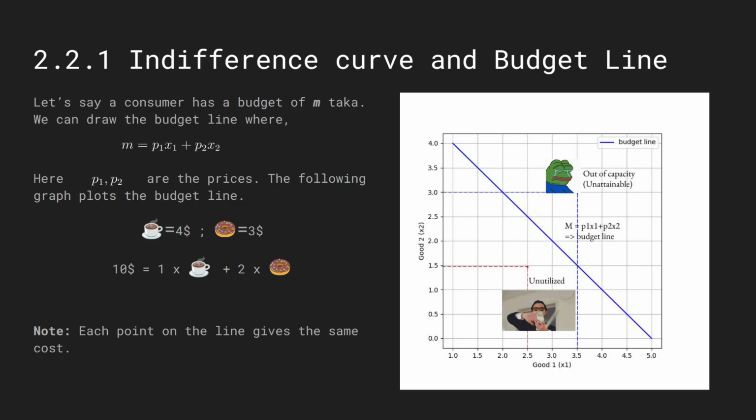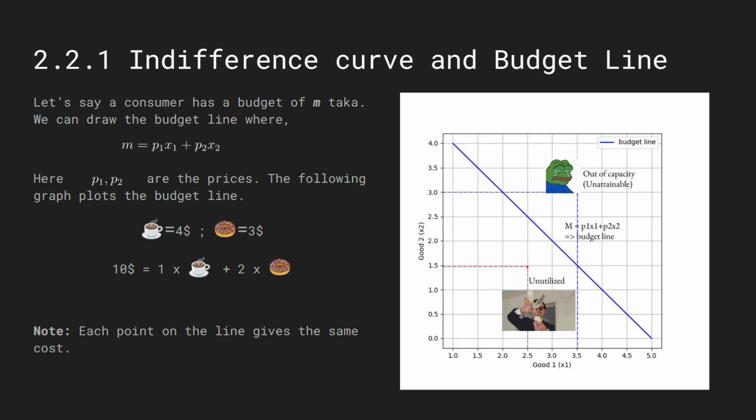So if you have a budget of 10, you can have one coffee or two donuts, or you can have no coffee or three donuts. So this line that represents the relation between your consumption and your budget is the budget line.